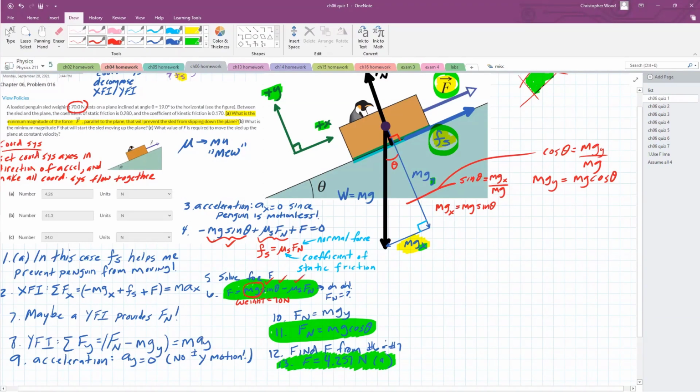Yes, mu sub s is given. That's the stickiness factor, also known as coefficient of static friction. Do you know F sub n? No, you don't know F sub n, but you do know F sub n because F sub n is in reality this. So again, you do know mg, yes, and you do know theta. So that's why you can get your answer.